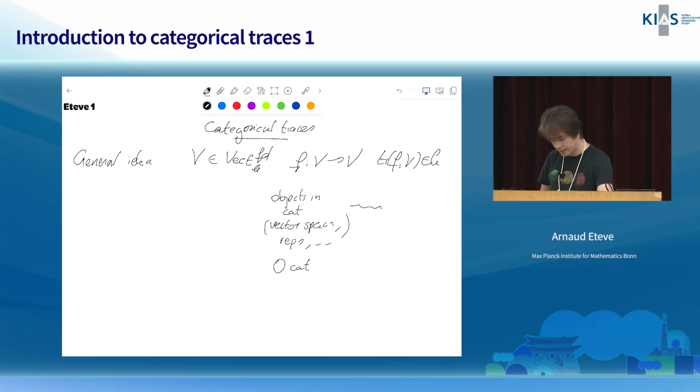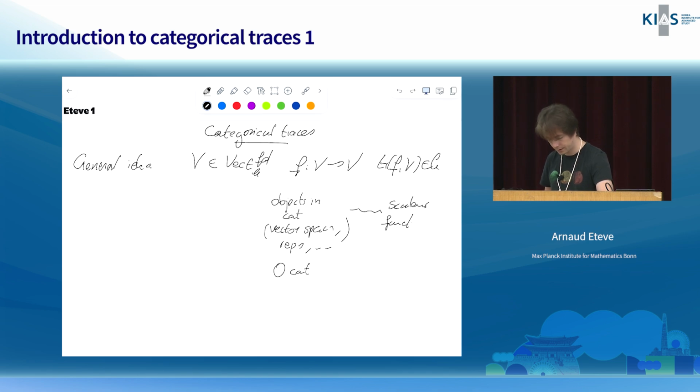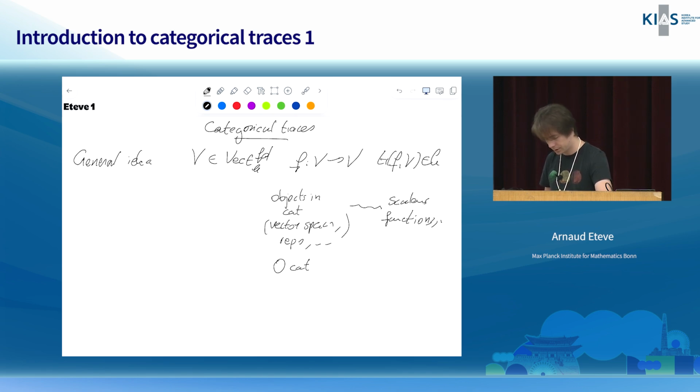And the trace is a scalar. So like scalars, functions, and so on, or characters. Not functors yet. Functions and so on. So this is what I want to call a -1 category. And the trace is something that goes from 0 to -1.